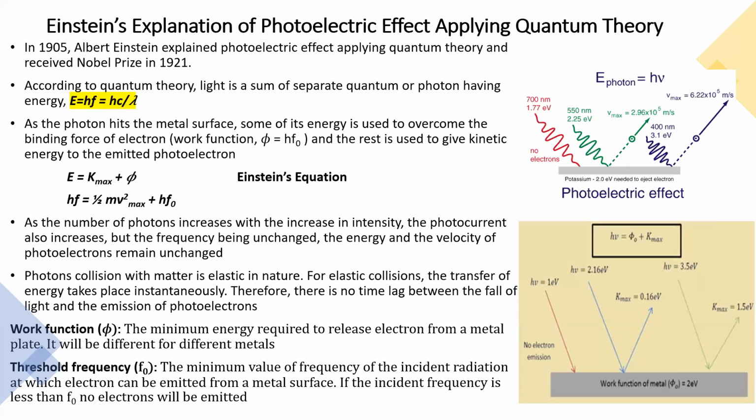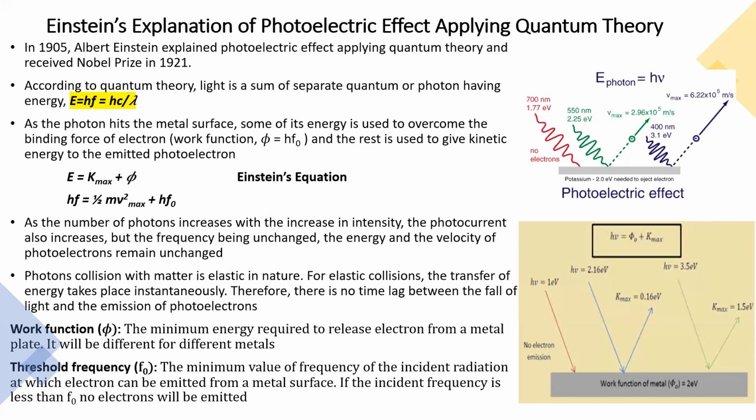According to quantum theory, light is a sum of a lot of photons. So when light is incident on a metal surface, a number of photons are incident on it. Now, some of the energy of a photon is used to overcome the binding force of the electron. We know that electrons in a metal are bound to the atoms.